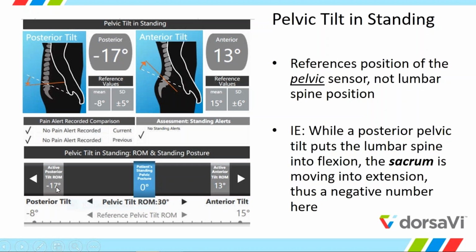So where this is helpful is you'll have some people where their blue bar, their standing pelvic posture, their neutral, is way over in the posterior pelvic tilt, and then you know that they're hanging out at almost the end range of their posterior tilt when they're in stand. So that gives you some good information.